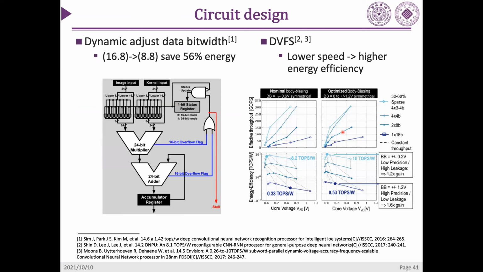And also they can design different circuits which can handle dynamically adjusted data bit widths. That means if your data is 16 bit width or 8-bit width, you can also put it into these same multipliers. And in addition, the method of dynamic voltage frequency scaling can also be used to sacrifice speed in exchange for higher energy efficiency.